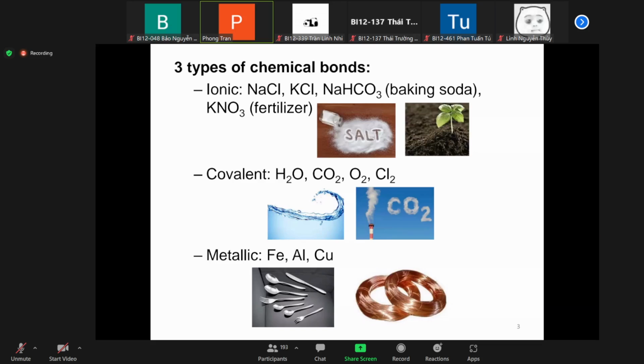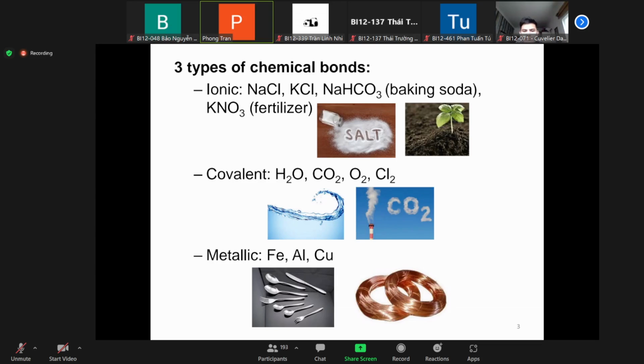And the third family of chemical bonds is the bonding between atoms inside metals. Inside the metallic crystals of iron, aluminum, and copper, how can we describe the bonding between the metal atoms in this metallic structure?